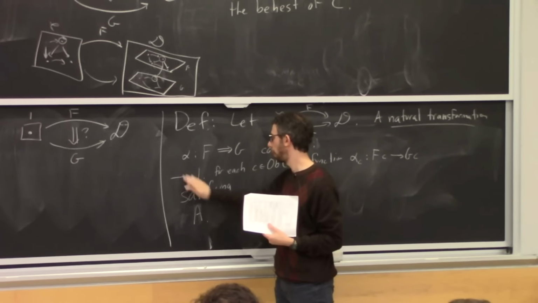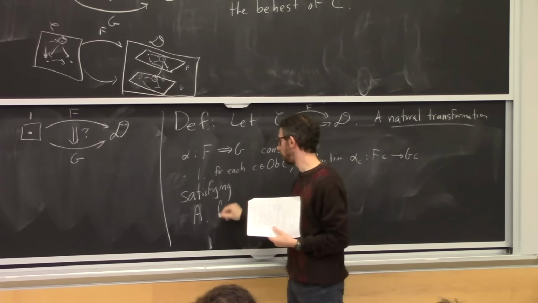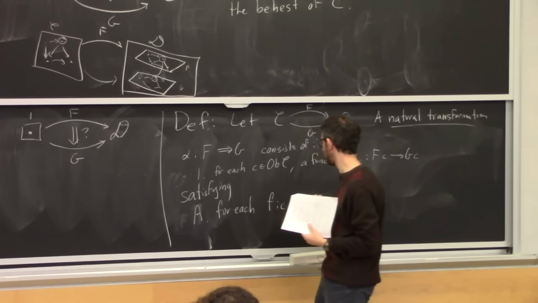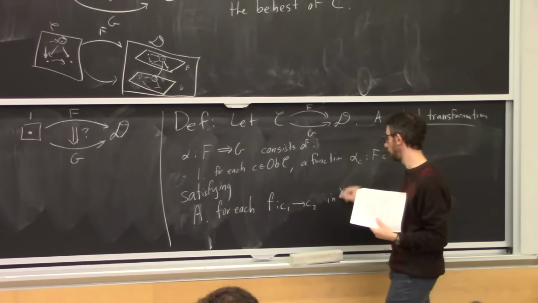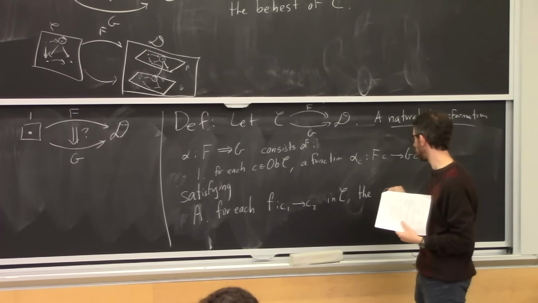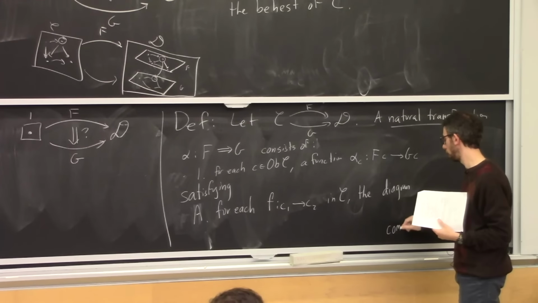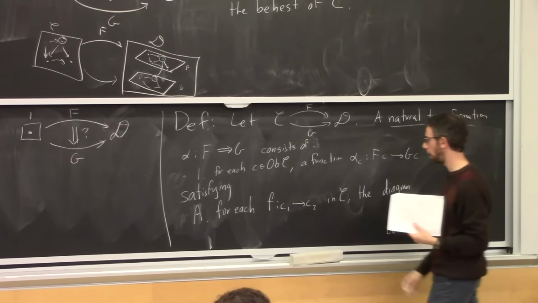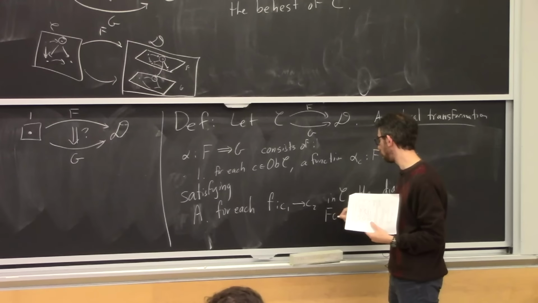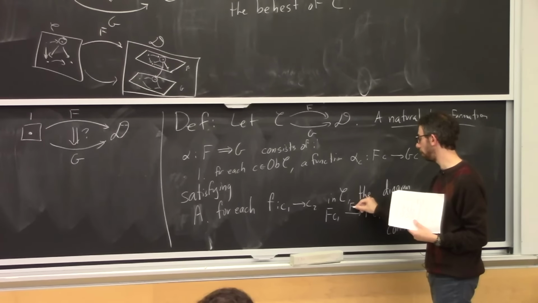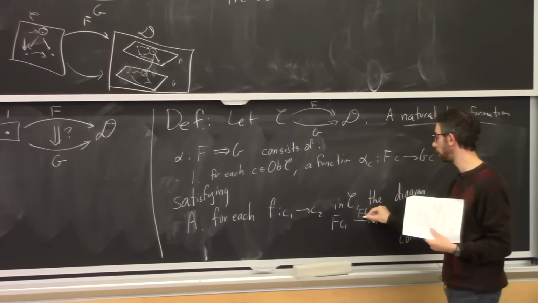The constraint is that for each morphism f from c1 to c2, something in C, the following diagram commutes. Which diagram? Well, I can do F of c1, F of c2, and F sub c1,c2 of f.